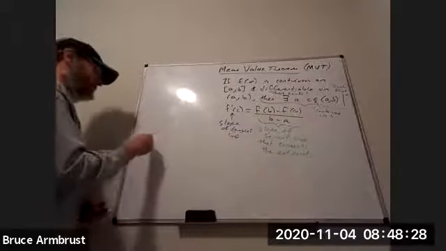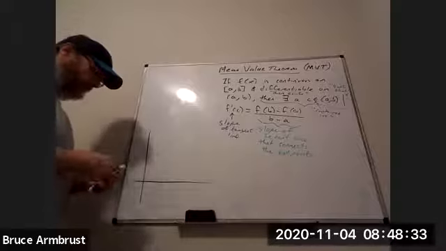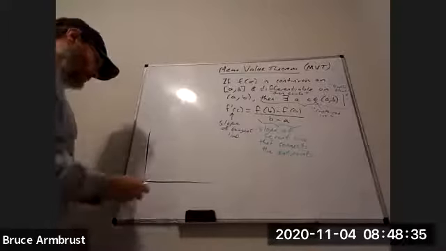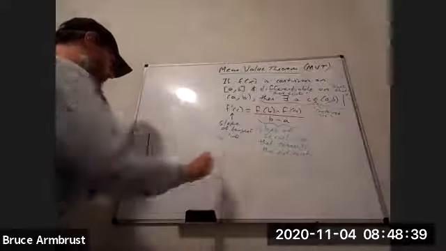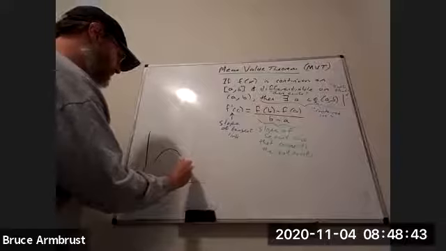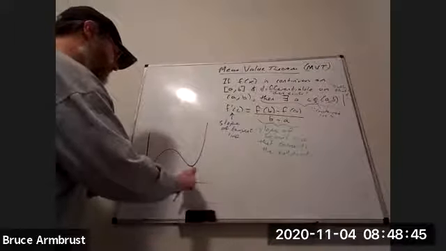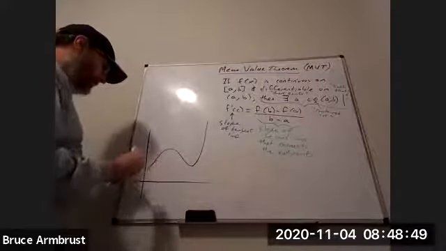Let me draw a picture so you can see what's going on. We'll make some generic function here. Let me make it so that the endpoints are definitely not even close to being equal. So here's some sort of function.